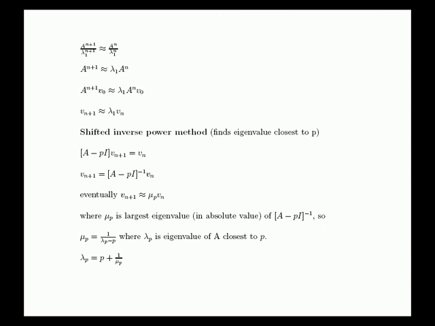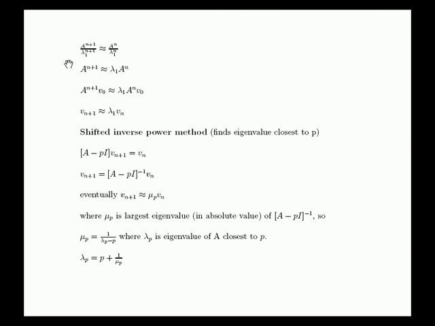Okay, so if A to the nth power over lambda 1 to the n converges to some fixed non-zero matrix, that means for large n, A to the nth power over lambda 1 to the n is almost the same as A to the n plus 1 power over lambda 1 to the n plus 1. You know, A to the million over lambda 1 to the million is the same as A to the million and 1 over lambda 1 to the million and 1 power, because they're both almost equal to G.